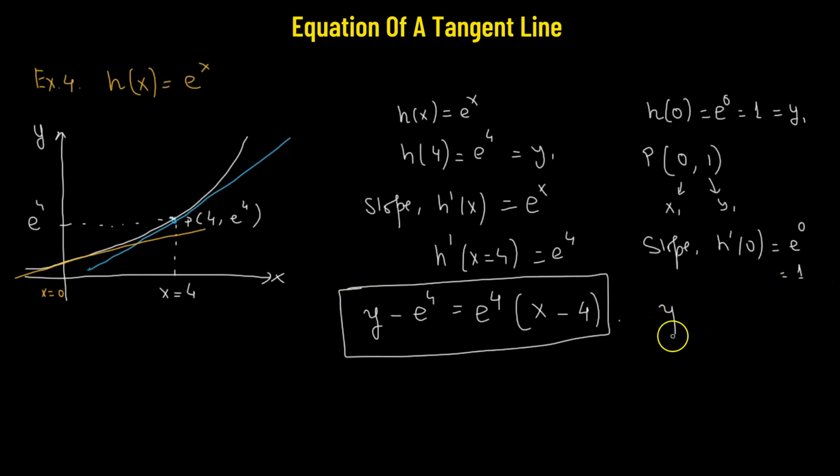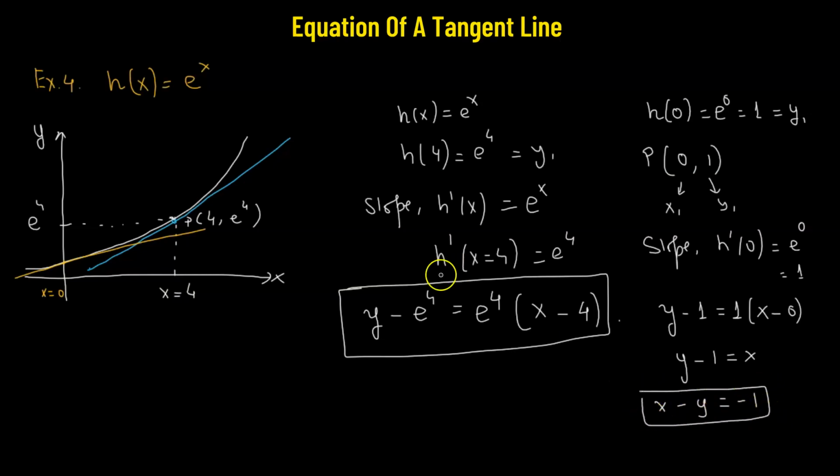So our equation will be y minus y1 equals slope times x minus x1. So we have y minus 1 equals x, or simply x minus y equals negative 1. So this is the equation of the tangent line. Write it down: x minus y plus 1 equals 0. So this is the required equation of a tangent line.